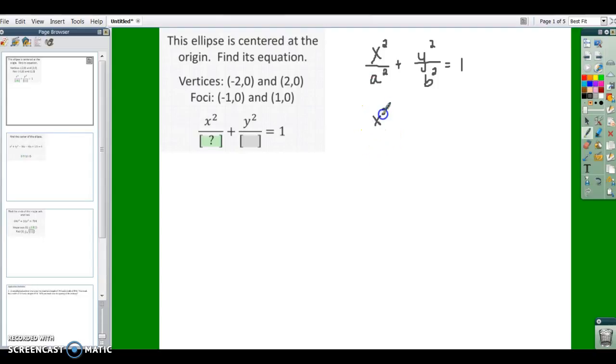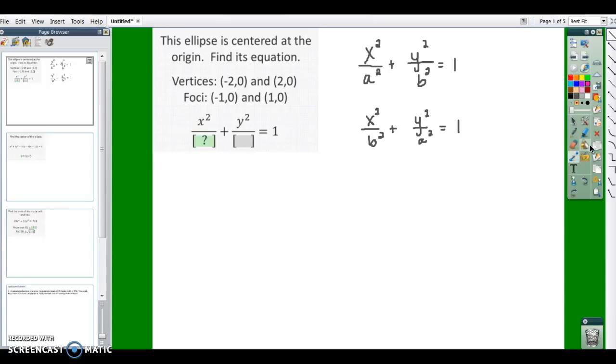And if we had x squared over b squared plus y squared over a squared equals 1, that would be an ellipse centered at the origin with a vertical major axis. So again, like I was saying before, we want to visualize this by sketching a quick graph. It doesn't have to be anything fancy, just something to give us a reference point as to where we are.